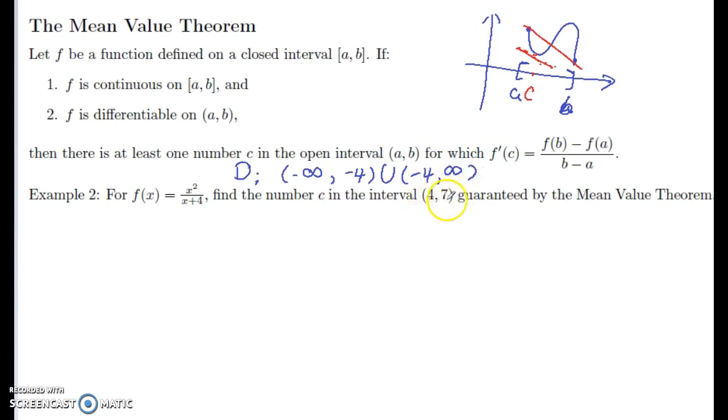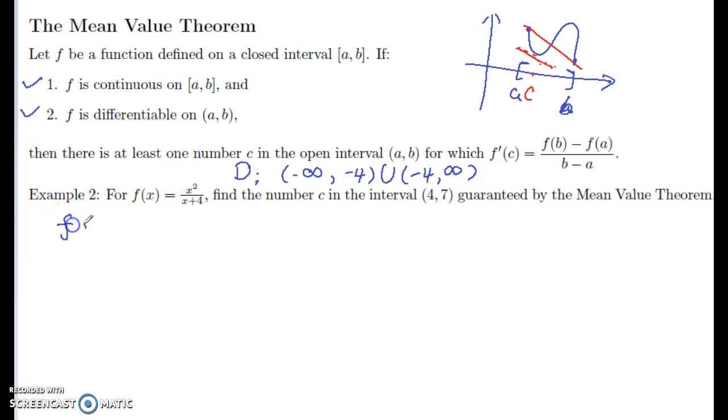So 4, 7 is in the domain. So the function is defined in that interval, and is also differentiable on that interval because we have a rational function. So we have condition 1 and condition 2. Therefore, the mean value theorem applies.